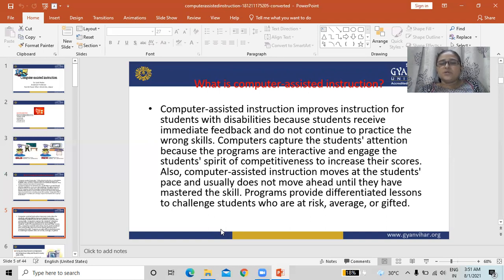Also, computer assisted instruction moves at the student's pace and usually does not move ahead until they have mastered the skill.